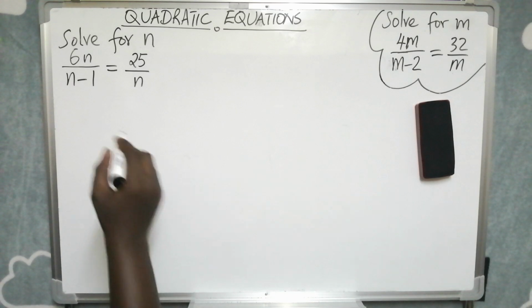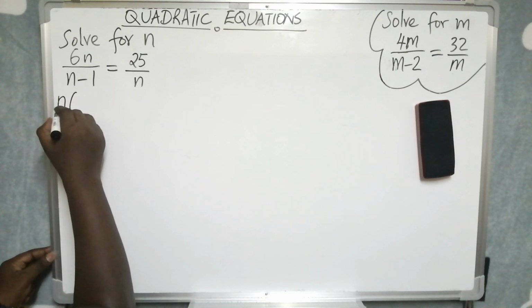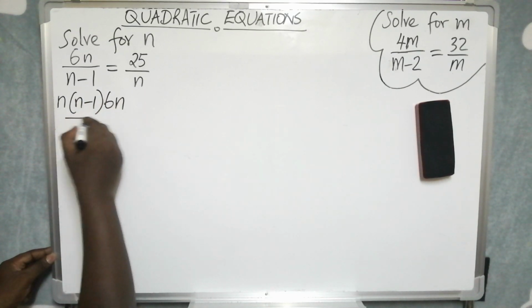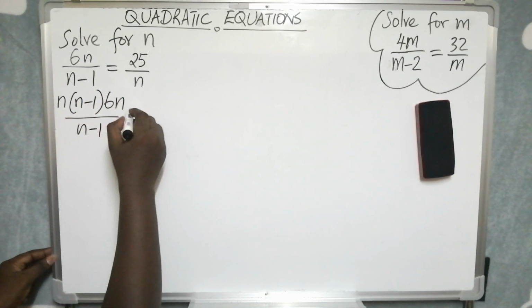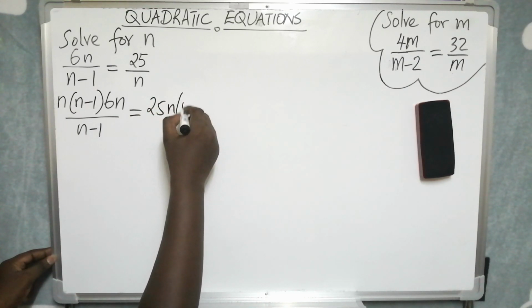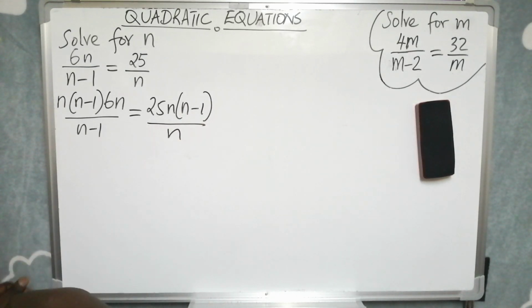minus 1. So we have n times n minus 1 times 6n over n minus 1 is equal to 25n times n minus 1 over n.